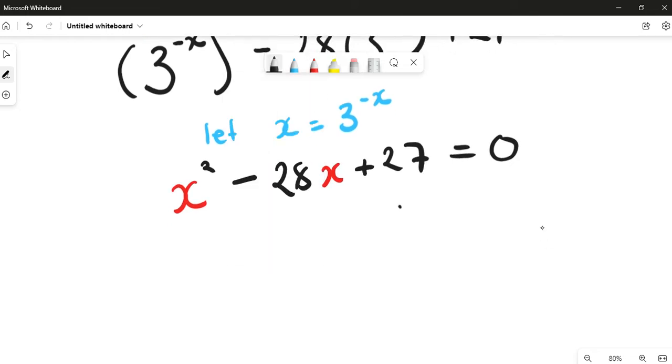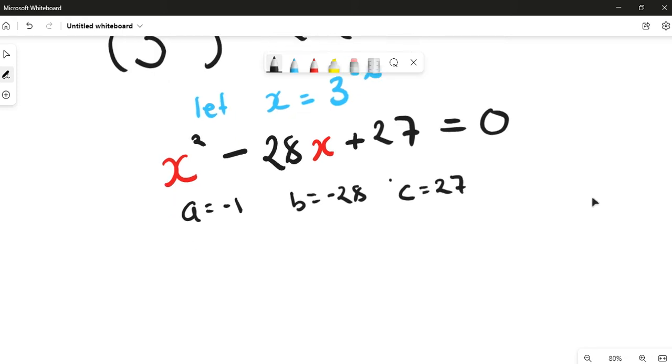So our a in this case is negative 1, while b is negative 28. A is the coefficient of x squared, b is the coefficient of x, and c is our constant 27. Remember when we're solving quadratic equations, we have to multiply a times c.